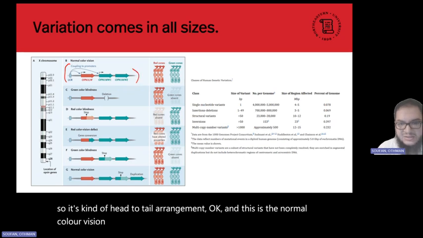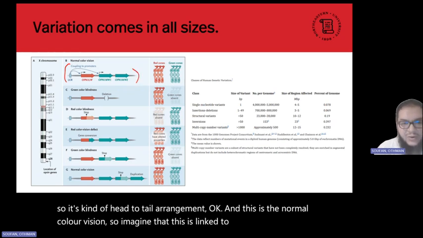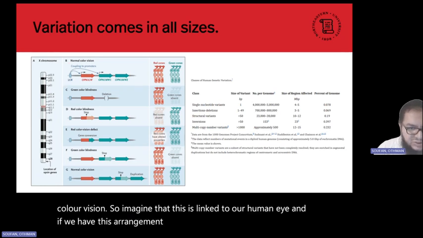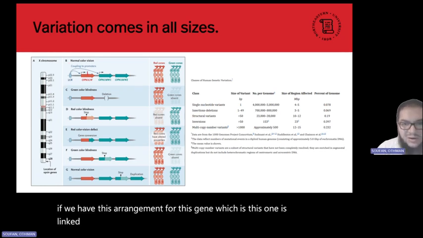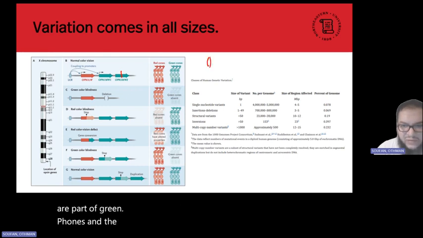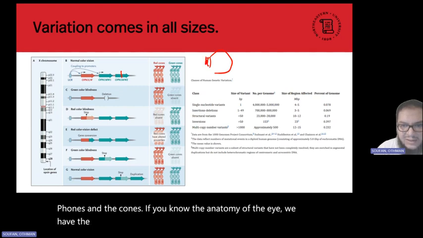So imagine that this is linked to our human eye. This gene is linked to red cones in our eyes, and those are part of green cones. If you know the anatomy of the eye, we have the cornea here, the lens here, and then the retina here.